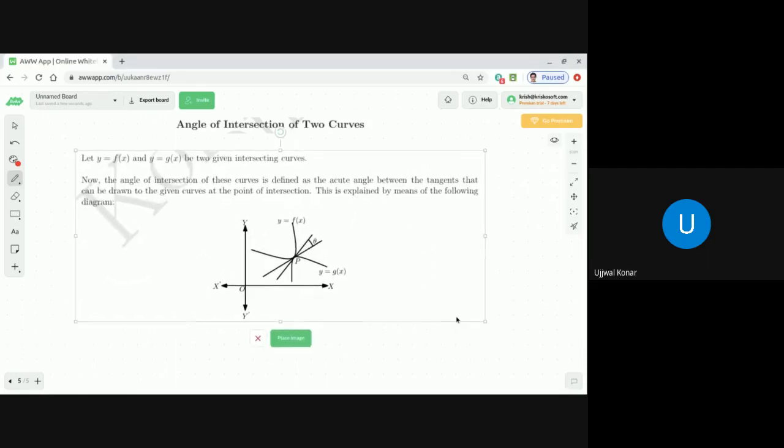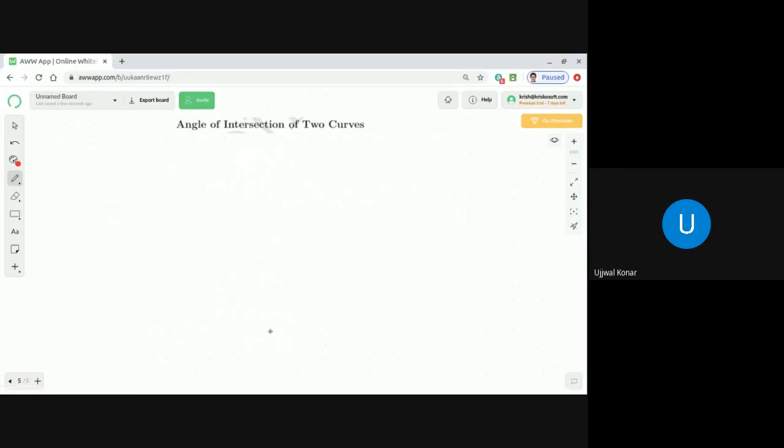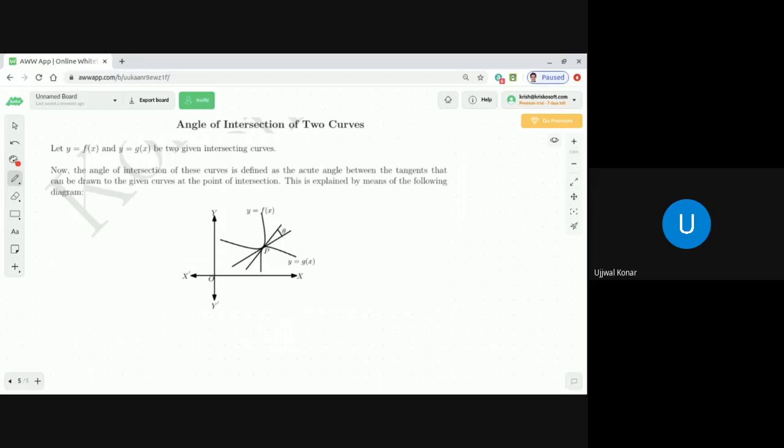So what is there, dear students? Let y = f(x) and y = g(x) be two curves. You see, this is the curve y = f(x), and this is the curve y = g(x). So there are two curves, as you see, dear students.